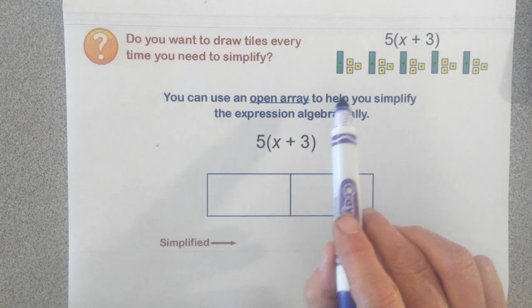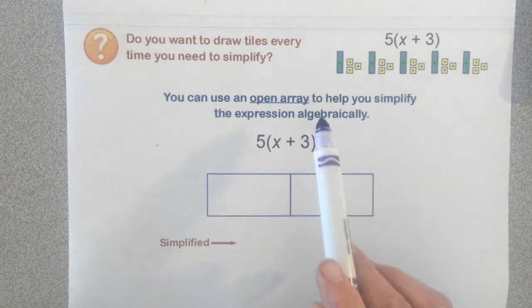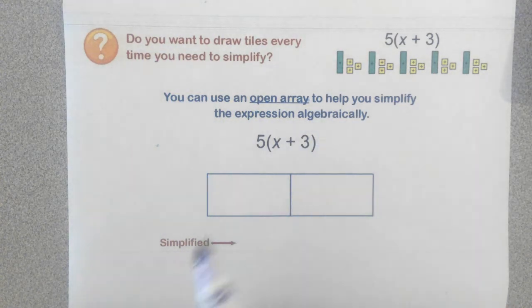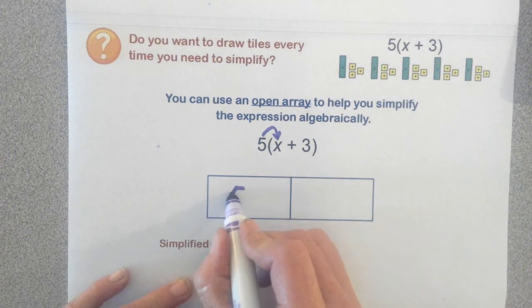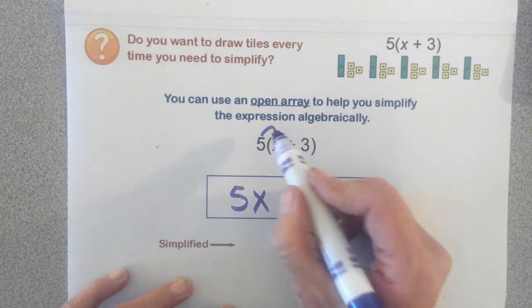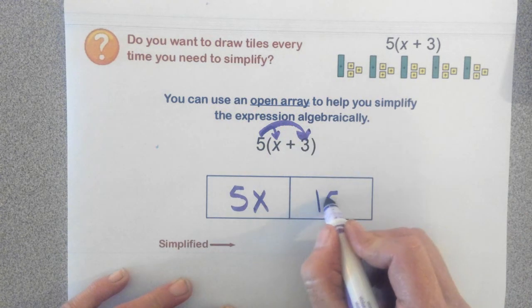Do you want to draw tiles every time we need to simplify something? I don't. So what we can do is this open array. An array is just like this is a 1 by 2 or a 2 by 1. It can help us simplify the expression algebraically. This is a way that you can remember not only hippity, 5 times x is 5x, but also the hoppity, 5 times 3 is 15.